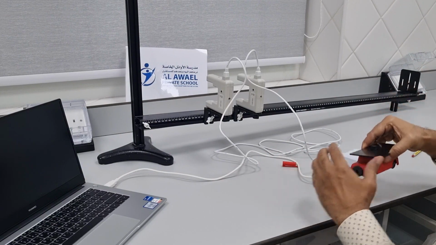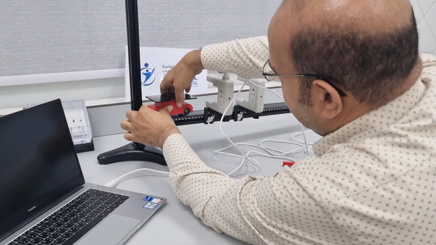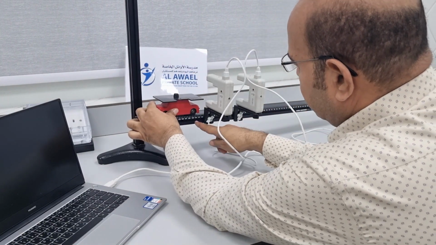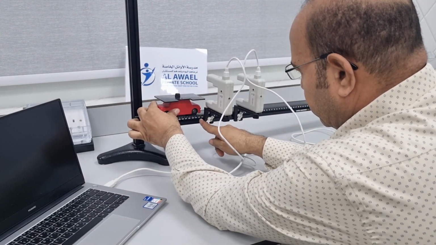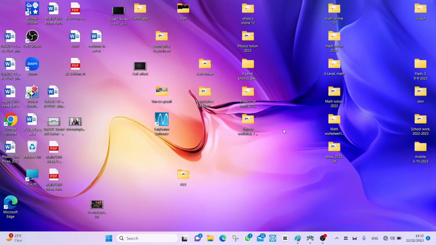This is the trolley. Every time I will start at the same position. Let the position be 102. The front of the car is at 102. Then I connect the data logger to the computer. Now I use the program.